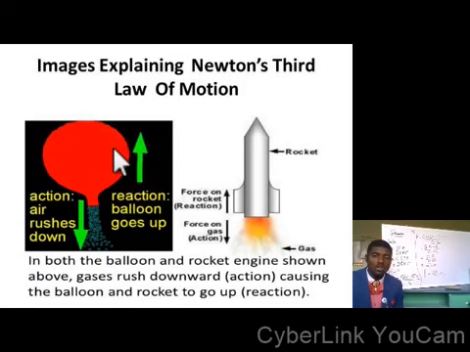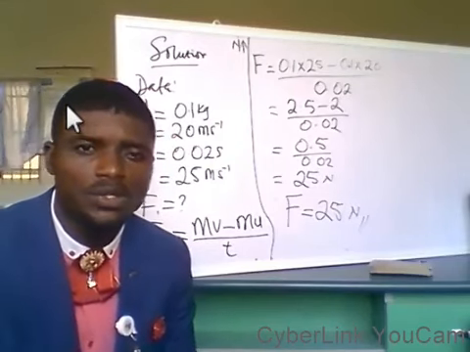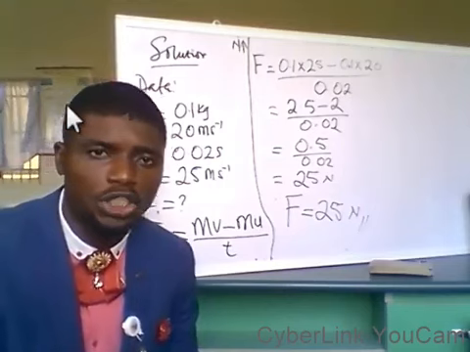The balloon will not move straight up, but will move randomly because the head is not sharp but blunt. That is what gives birth to the launching of the satellite in space, as you can see this rocket here. The gas burns down, this is the action, and then the rocket moves, this is the reaction. These are practical examples of Newton's laws of motion.